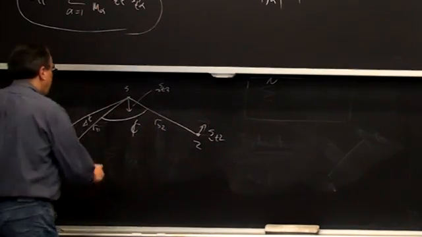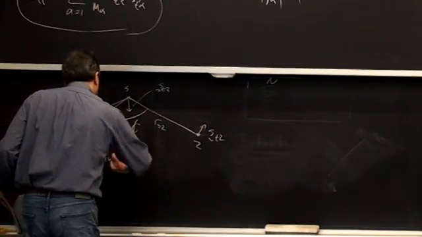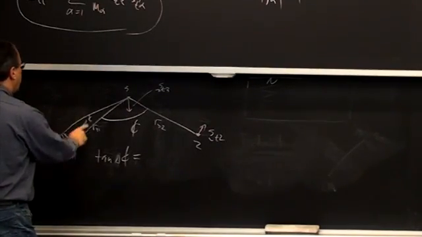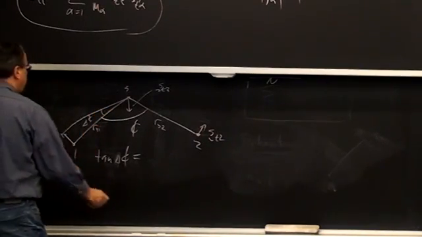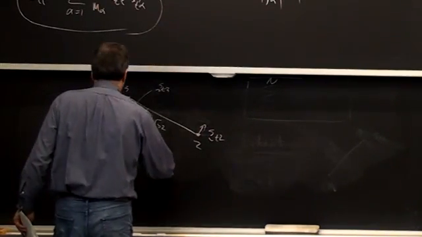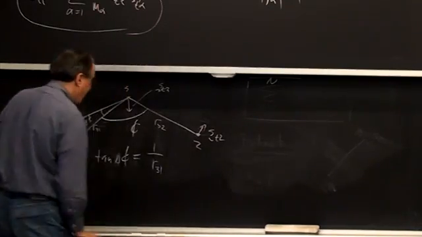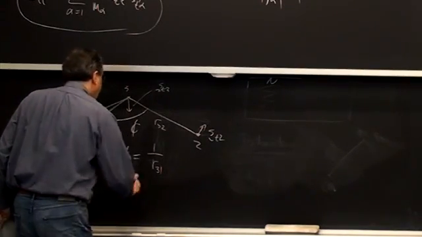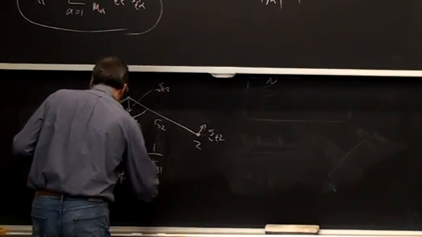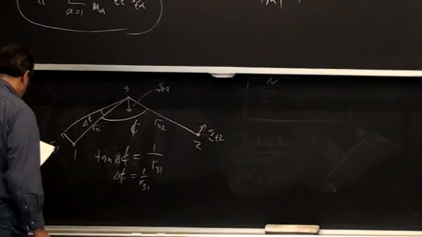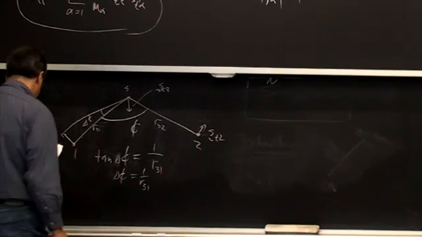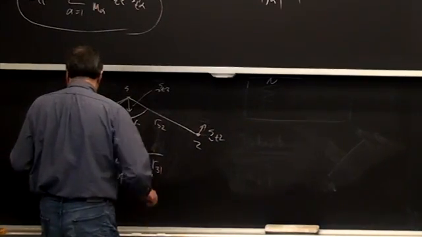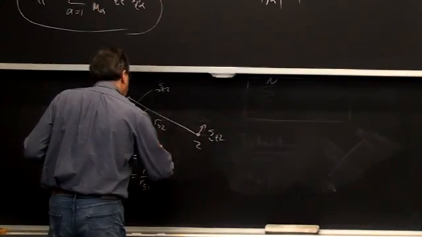And so tangent of delta phi is equal to 1 over R31. But this is a small displacement, so delta phi is equal to 1 over R31. Looking at my notes, did I do that right? Well, not quite right. This should have been the magnitude of S_T1.